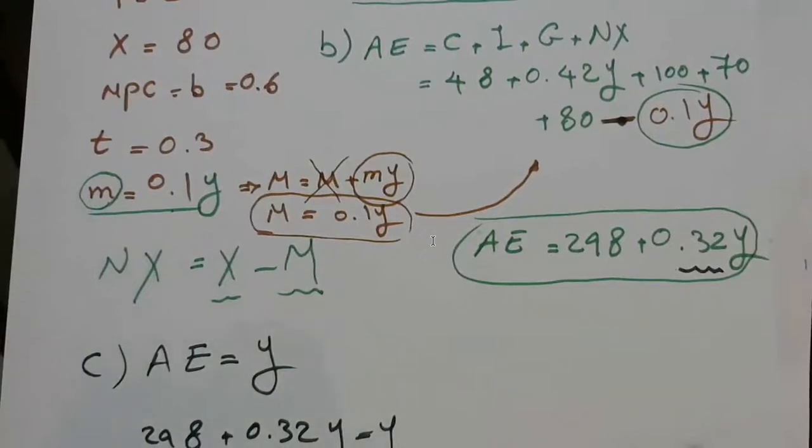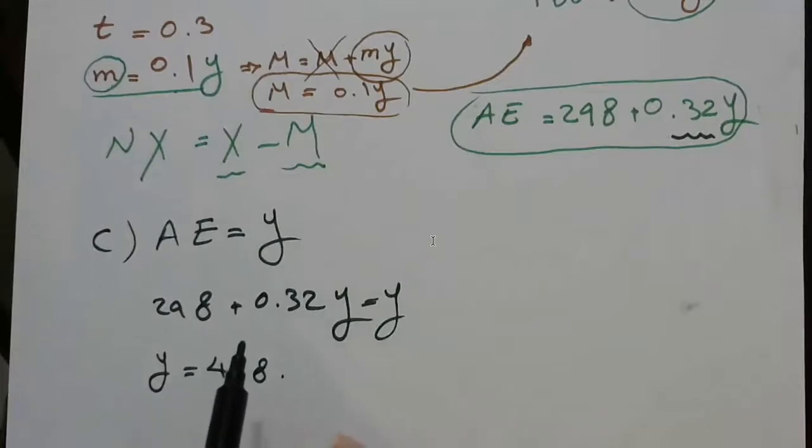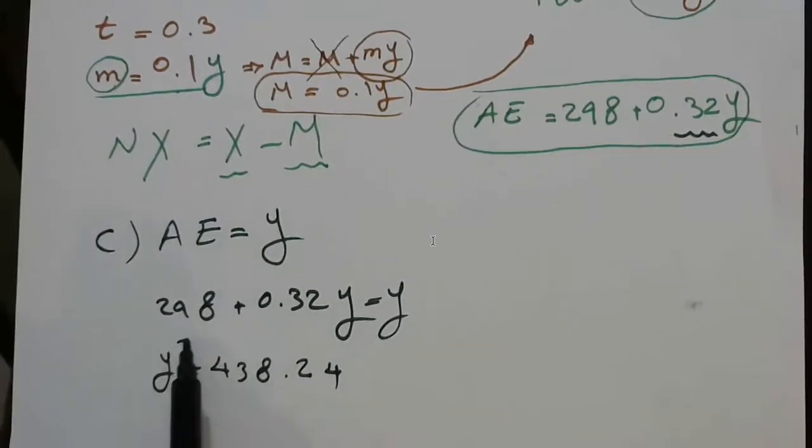You just bring this Y to one side, and once you calculate, Y will be 438.24. So this is our new equilibrium income.